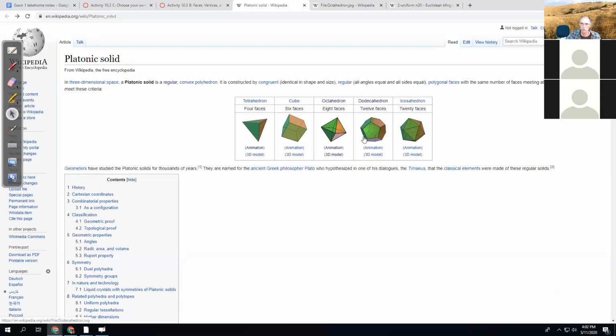So there's 20-sided, 12 sides, 8 sides, 6 sides. They also have a 10-sided one, but the 10-sided one isn't a regular polyhedron. It's slightly irregular.